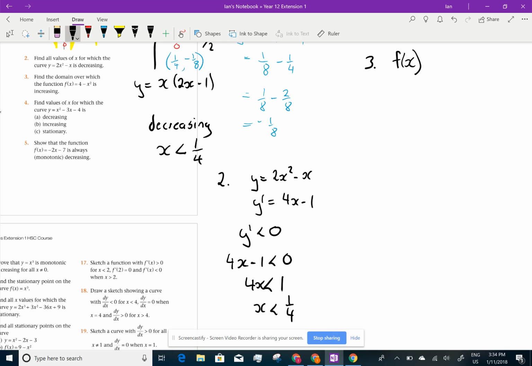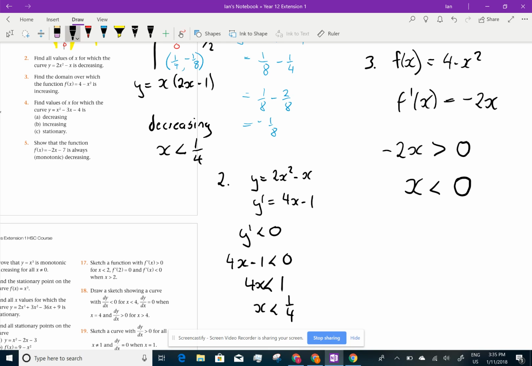f of x, I've got to show where it's increasing. So f of x is 4 minus x squared. f dash x is minus 2x. When is it increasing? When is minus 2x greater than 0? Well, when x divided by negative 2, change the sign, x is less than 0.